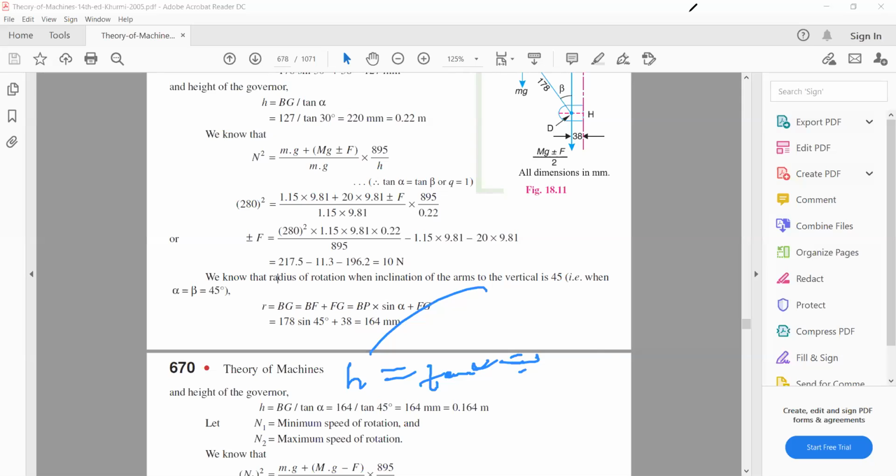When we replace 30 degrees with 45, the H value attained is again 164 mm.